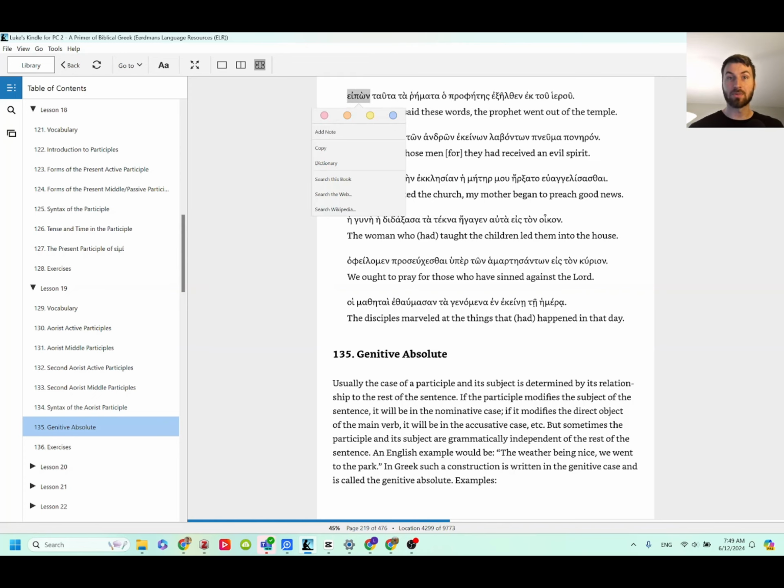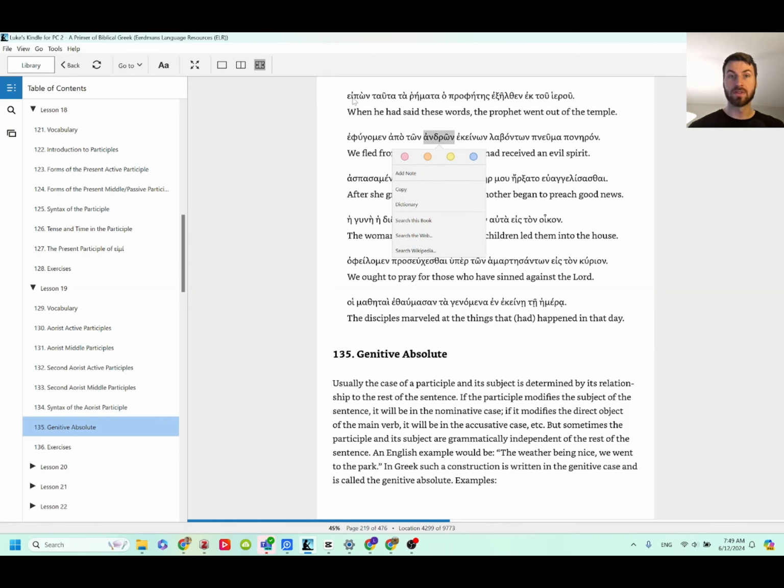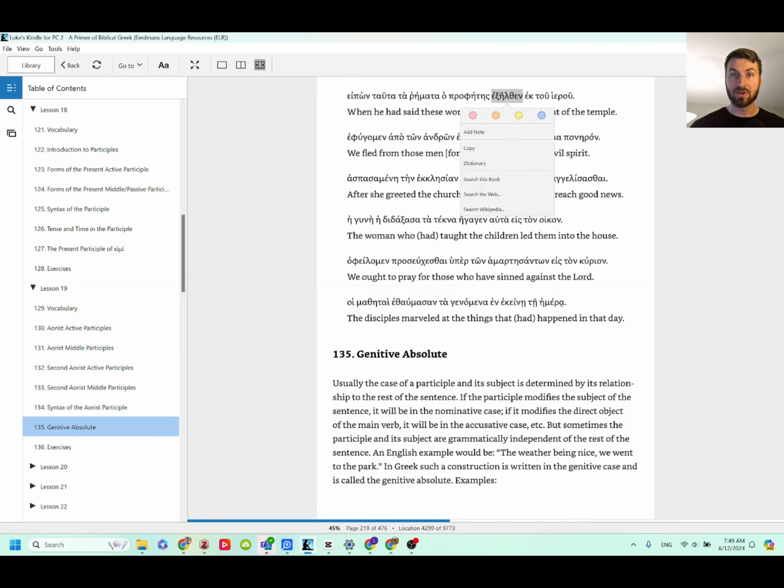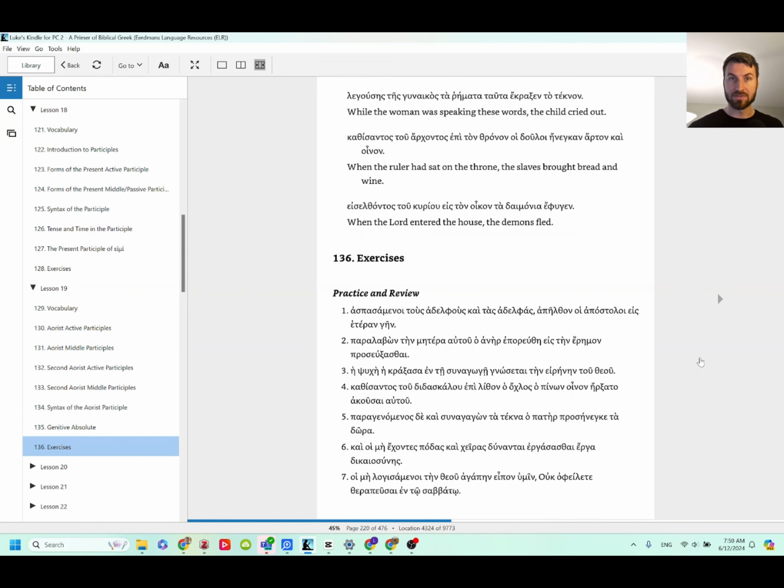That's typically how participles work: they will be in the same case, gender, and number as the subject of the main verb of the sentence. However, what if you want a participial phrase in the background to the main verb, but not have the subject of the main verb be the one doing the action of the participle? Well, that's where you use the genitive absolute.